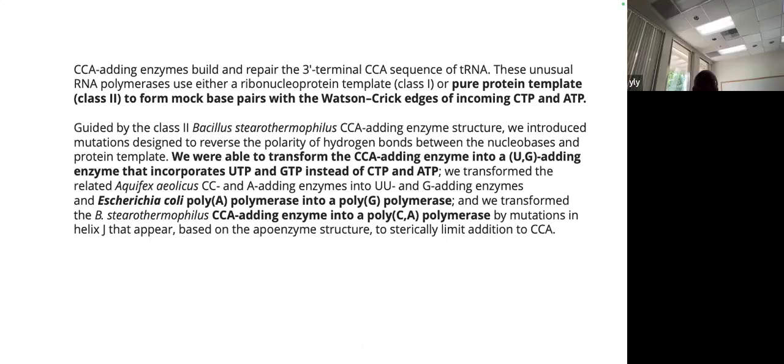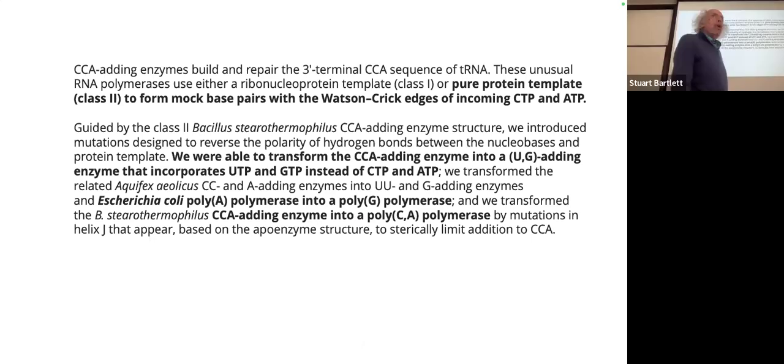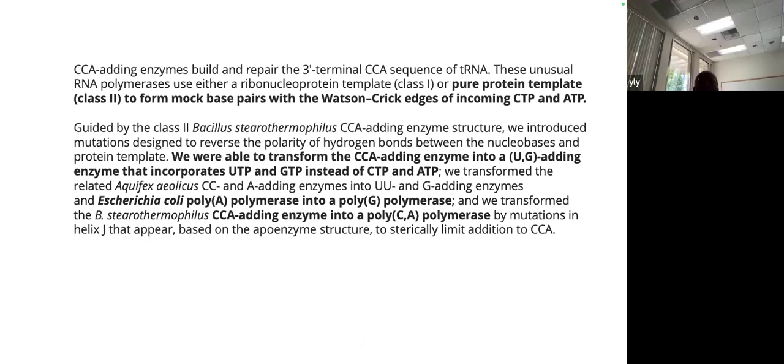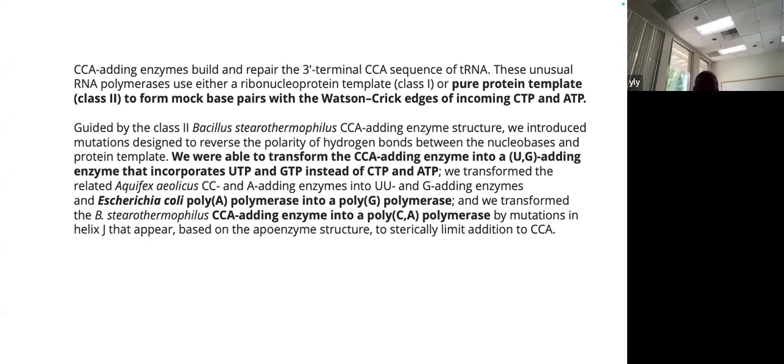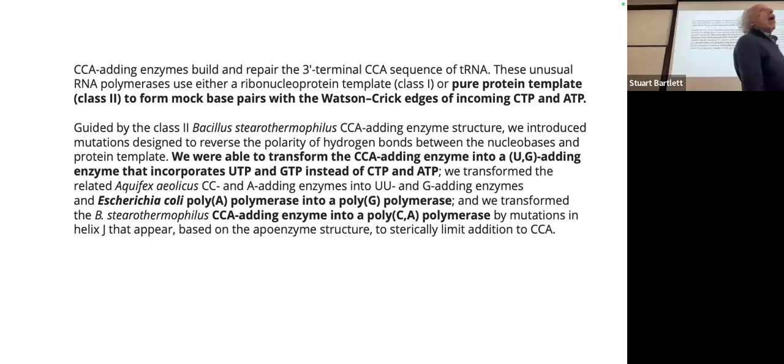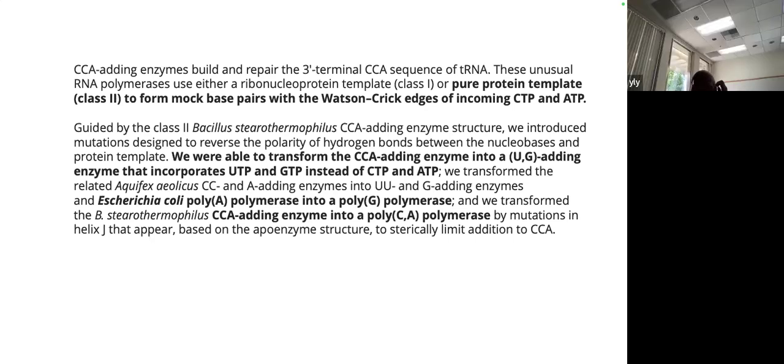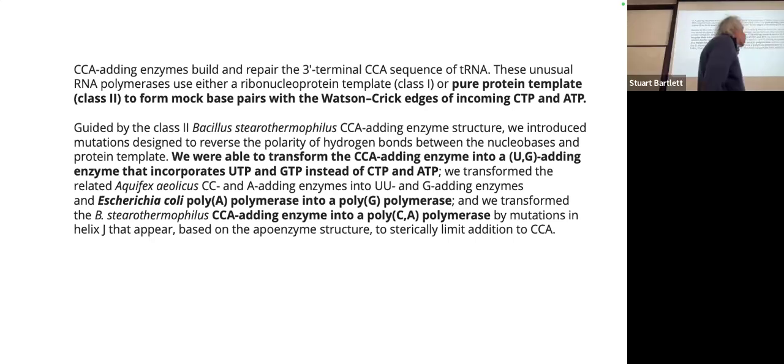Now, you would not survive without a CCA enzyme. That is because your tRNAs that are being made do not have the CCA on them. They have to be put on them by the CCA enzyme. And if you don't have a CCA enzyme, you don't have a CCA, and your tRNAs are useless.